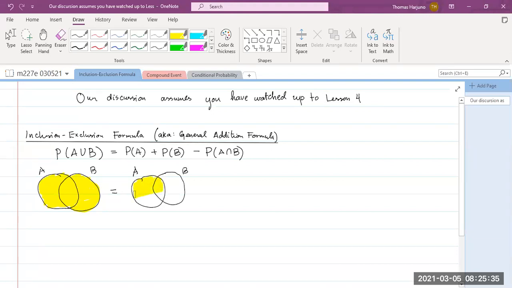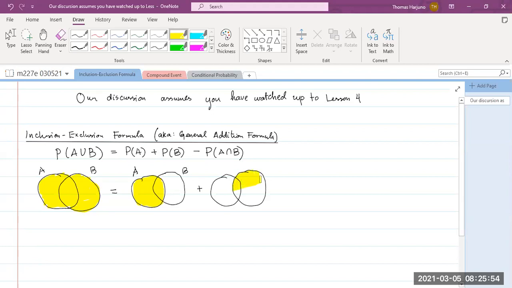Event A, plus probability of event B. So the same Venn diagram, but I add just the B part.